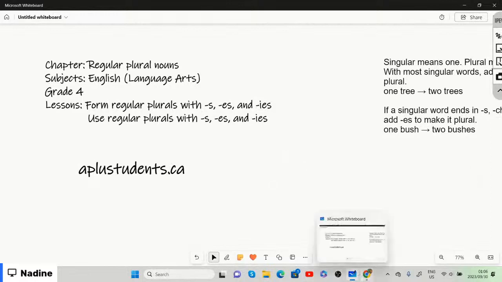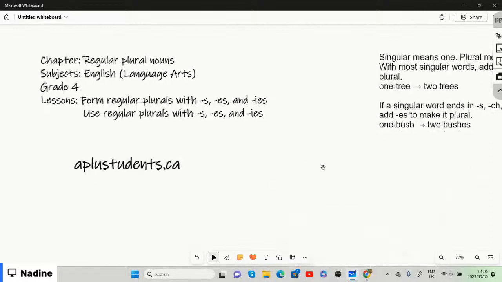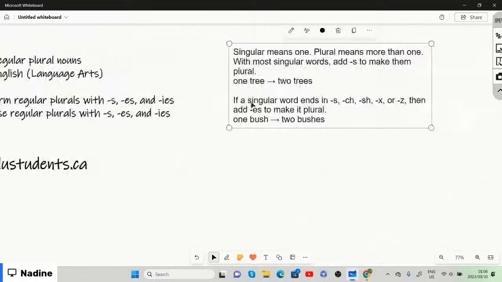All right, so we're going to start. When it comes to regular plural nouns, singular means one. And plural means more than one.